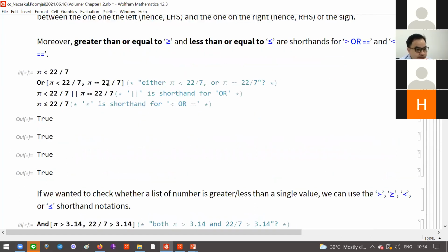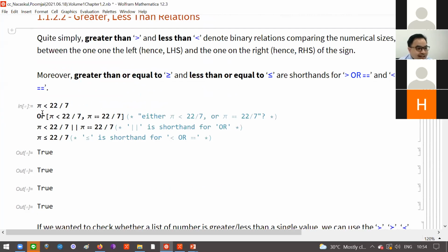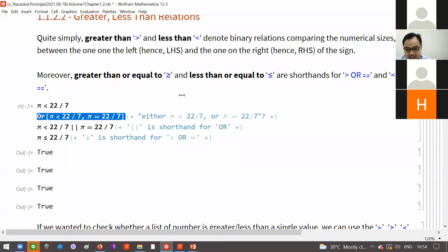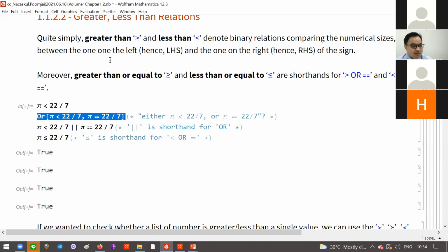Okay, so this is some example. Now notice what I did here. This is very clever. This is saying I have 2 statements, both of them true, or one of them true. If I do this, either way, one of them has to be true.